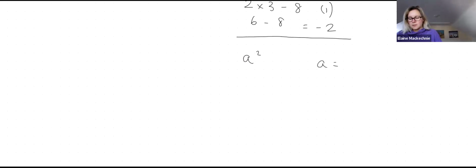A lot of them, for that, will come up with the answer of negative 9, because they'll just square that and they'll think it's negative 9. But it's actually not, because negative 3 multiplied by negative 3, which is actually what we're doing there.